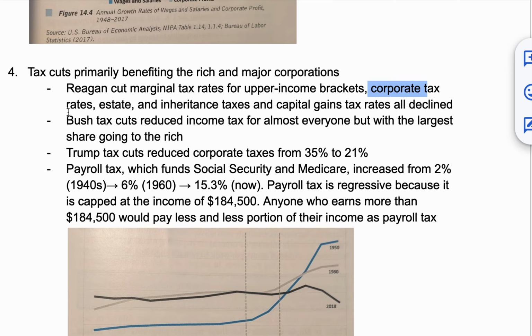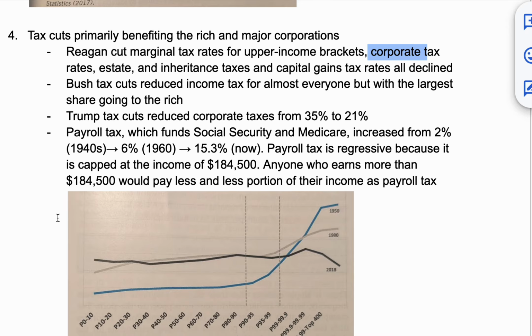But it didn't only happen during Reagan's administration. President Bush, who was elected in 2000, also conducted a large tax cut, which reduced income tax for almost everyone. However, the largest share of the tax cut went to the rich. So the rich people experienced a far more significant portion of their tax being eliminated compared to poor people. So that also increased the Gini coefficient.